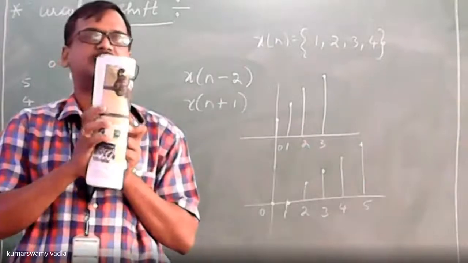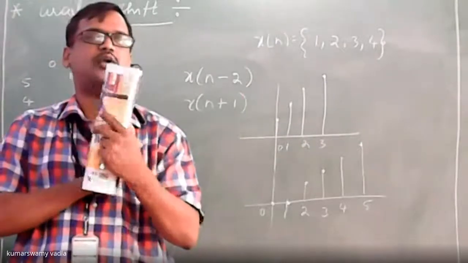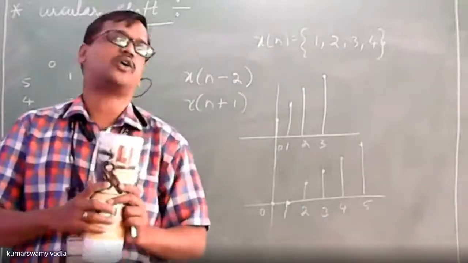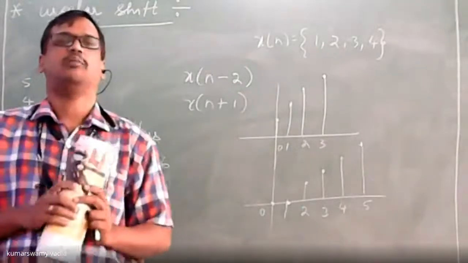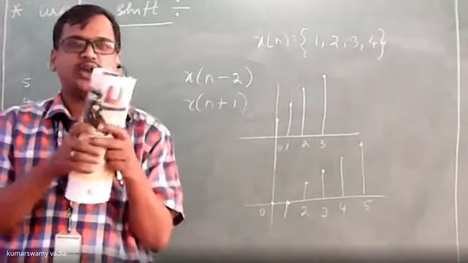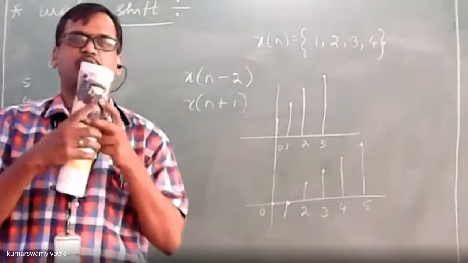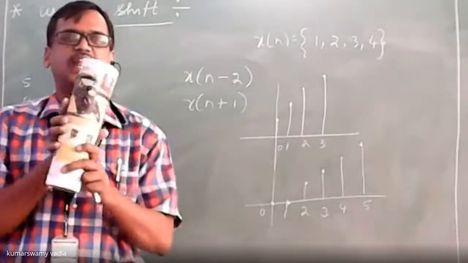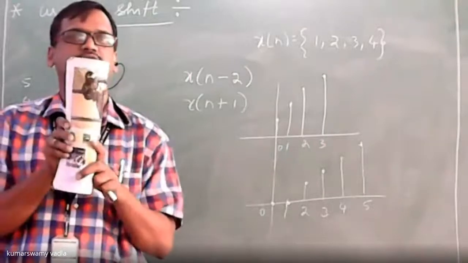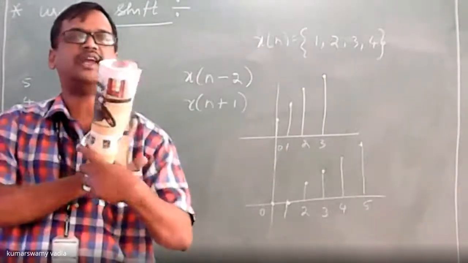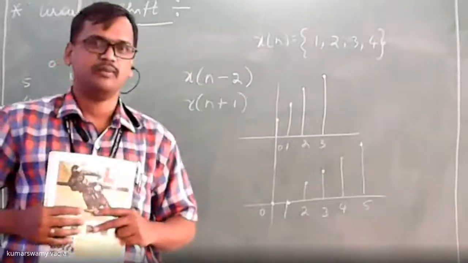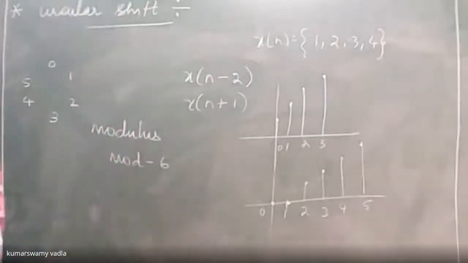Now if I rotate like this, you can see the whole bike completely. That is called modulus operation or mod operation, and circularly it is symmetric. If I rotate one full circle, you can see the whole bike completely. Yes or no, students?